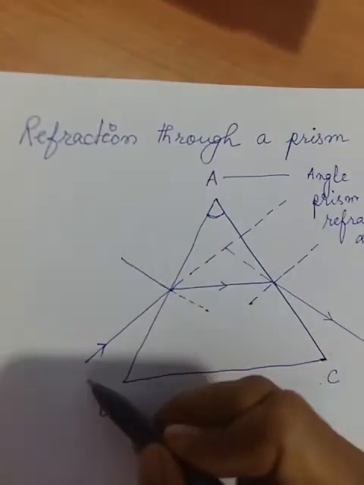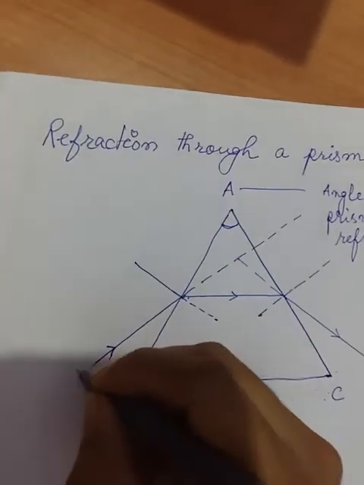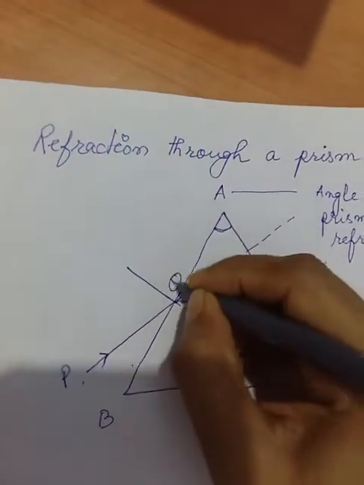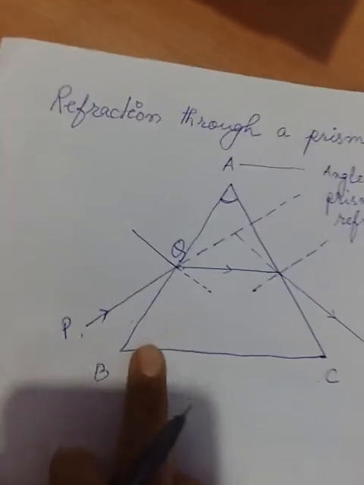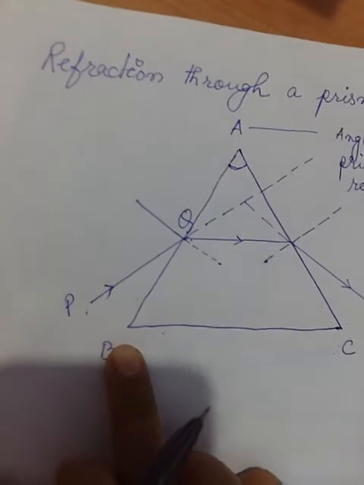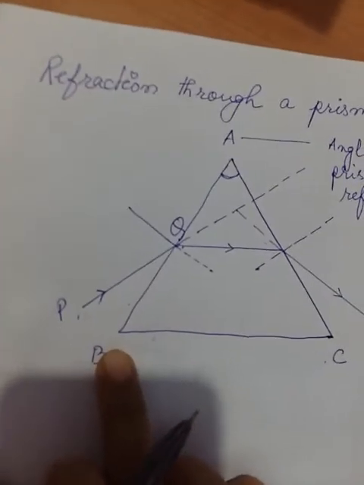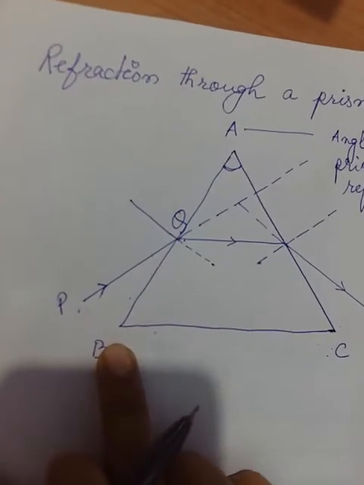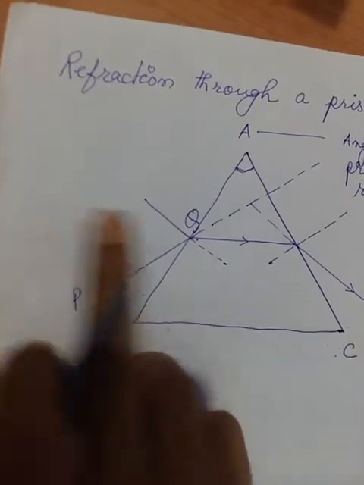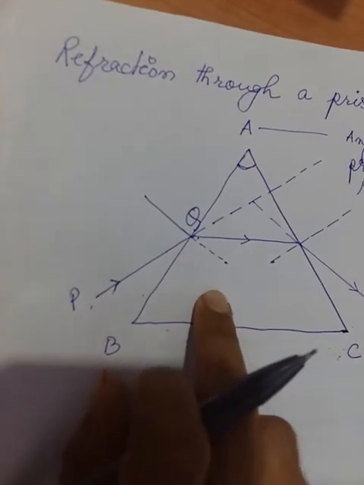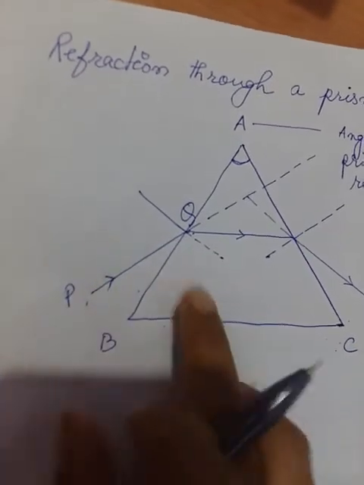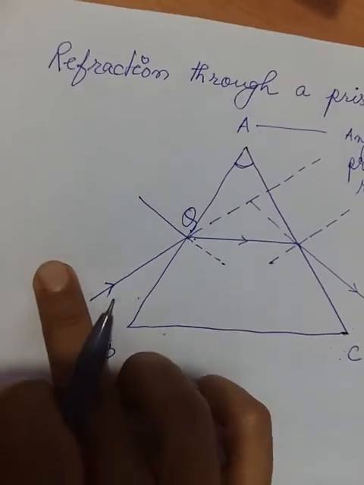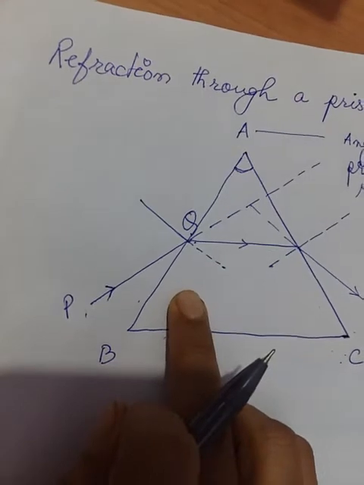Now we take one of the rays here, suppose PQ. This particular ray PQ is incident on the refracting surface AB. Since it goes from air to glass, if the prism is made of glass, it goes from rarer to denser.